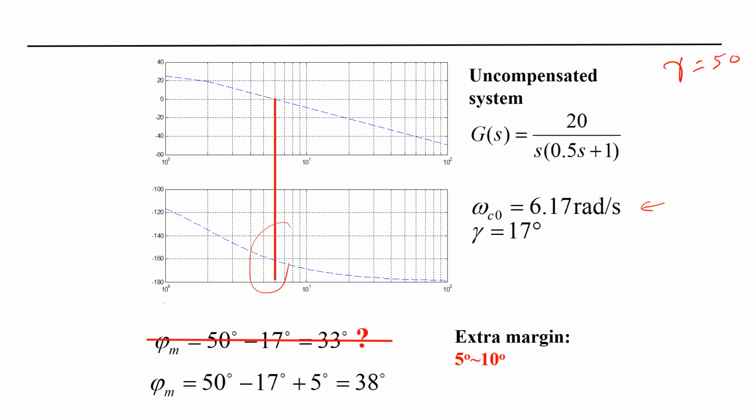So if it is required to be 60, you cannot add that 10 point, because there will be certain limitation. The maximum the compensator will give you is 60, 65 degrees, within that range, not more. So if you need more, then you have to have another stage of leading compensator.